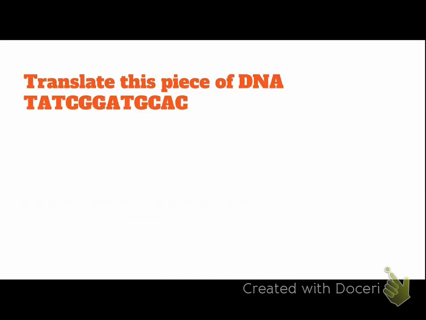So it's going to pull in some stuff that you have already done. But we're translating this piece of DNA. So one thing I want to point out before you get started is this is DNA and we need RNA. One way that you're going to quickly realize that what you have doesn't match is if you look on your circle side or you look on your square side, either one, you are not going to see any T's.